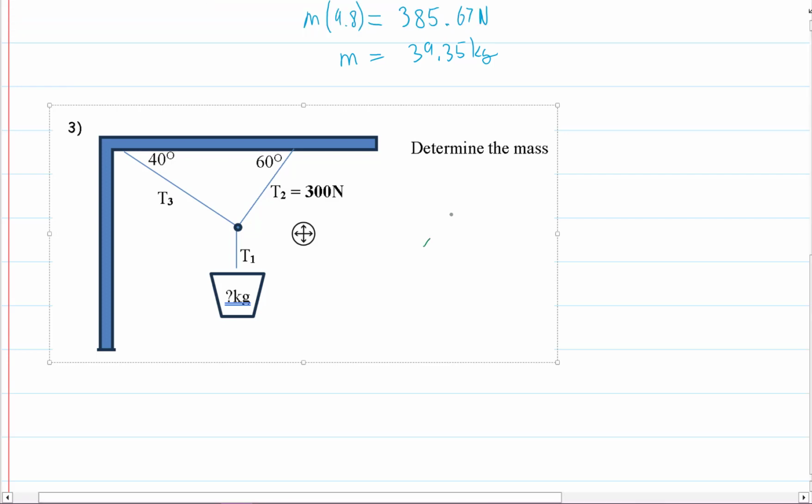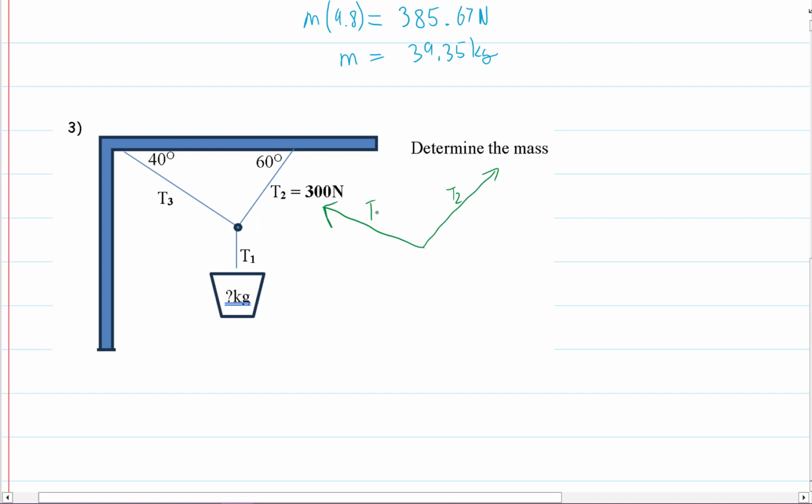So there's a force this way of T2, this way of T3, and this way of mg. It's actually the force of gravity, but I'm going to start cheating and not actually call this my free body diagram, because this is 60 and this is 40.